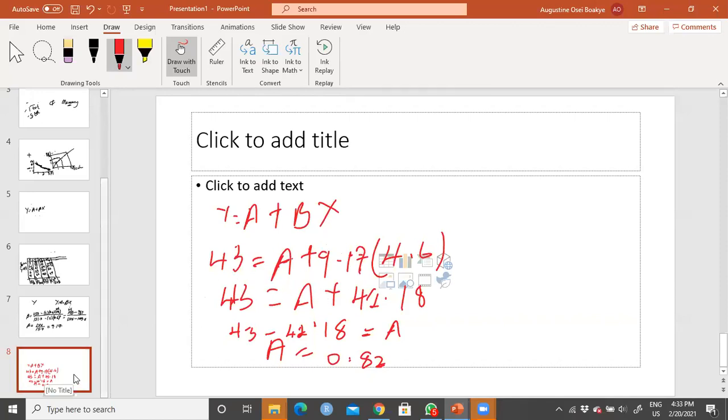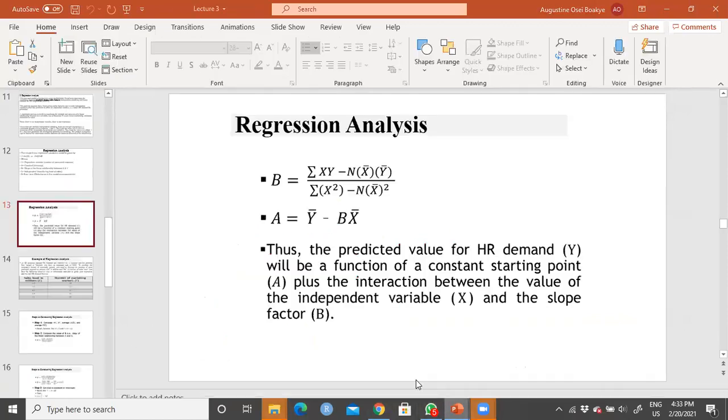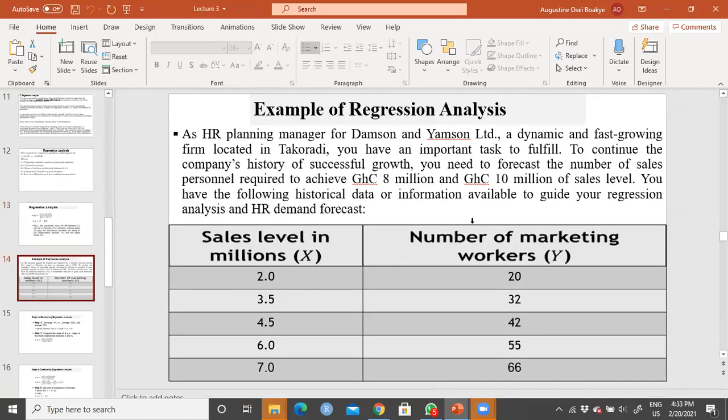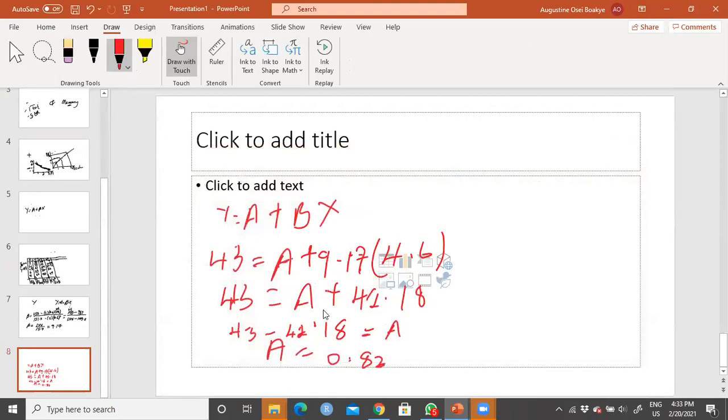To interpret it, the question was asking us to estimate the number of sales personnel required to achieve this volume of sales. The constant we need to make the prediction is 0.82, and the independent variable, according to our computations, is 4.6.